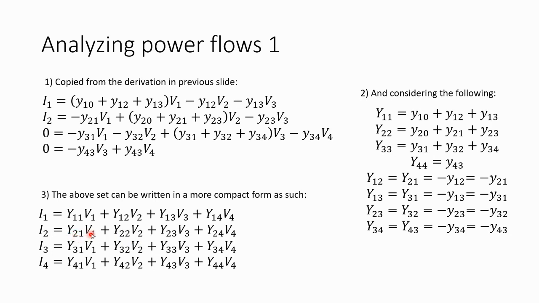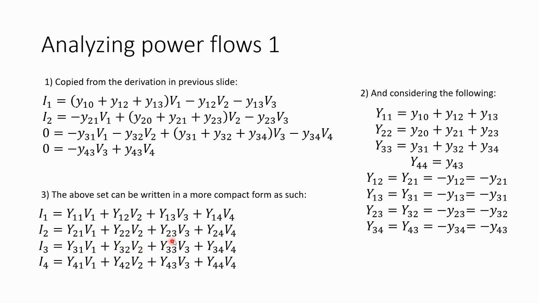Take for example, Y21 is a reflection of Y12 on the diagonal line over here. Y12 reflects to Y21 on the diagonal line. Y13 and Y31, they are the reflections of each other over the diagonal line.